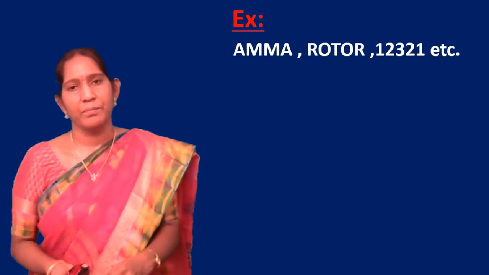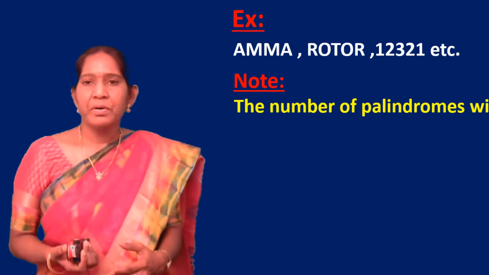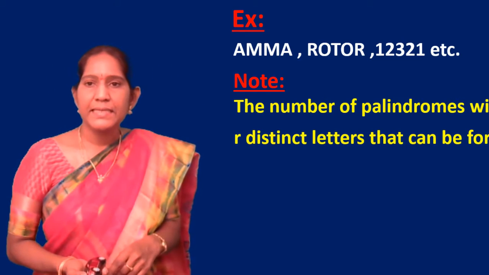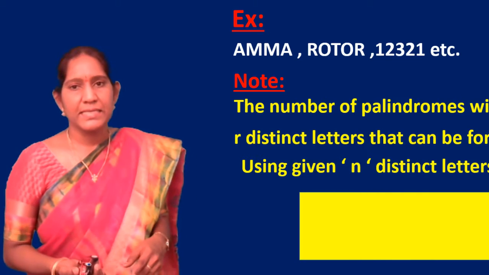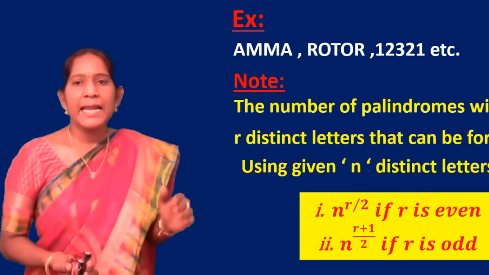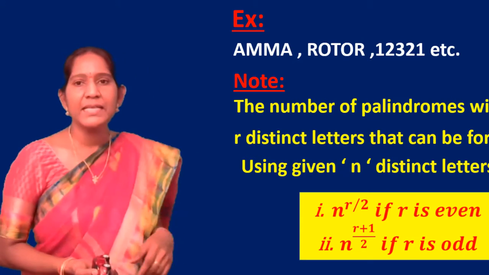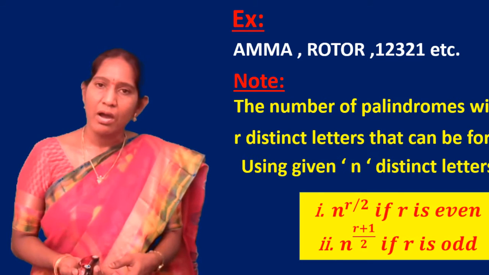Note: the number of palindromes with r letters that can be formed using given n distinct letters is n to the power r by 2 if r is even, and n to the power (r plus 1) by 2 if r is odd.